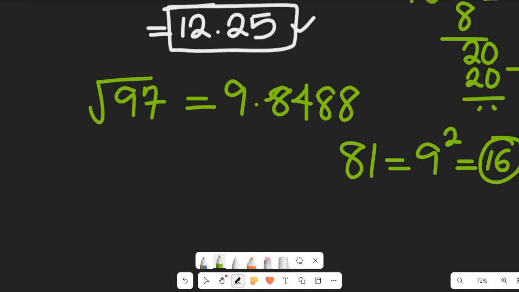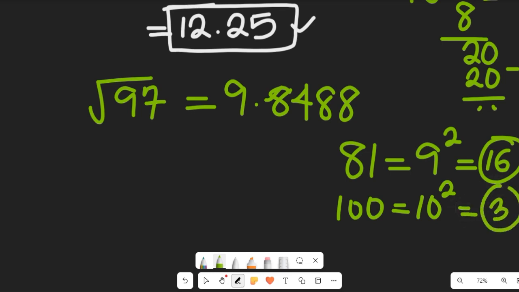Now let's consider a perfect square that is above 97. We'll have 100, right? 100 is equal to 10 to the power of 2, right? 100 minus 97 is going to give us a 3, which is a small number.